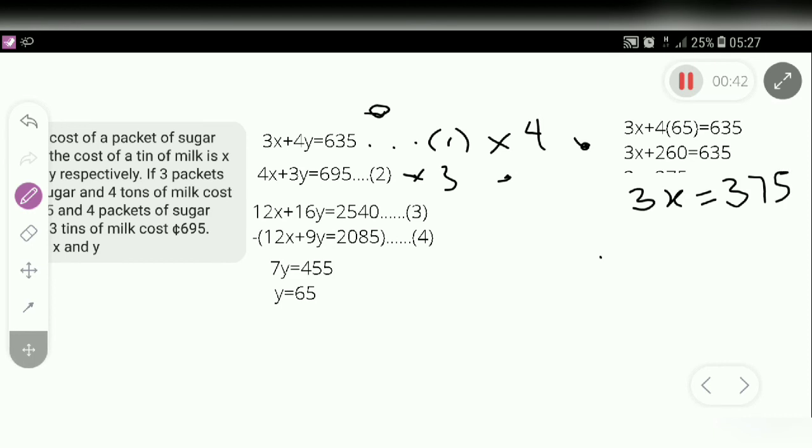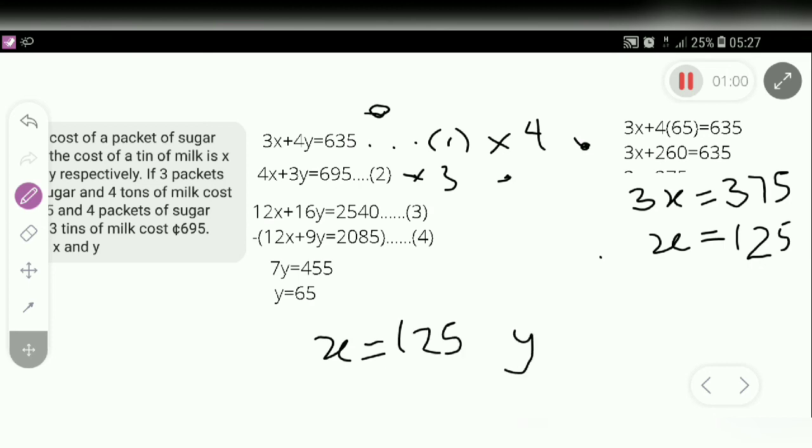So you divide both sides by 3, and that'll give you 125. So from here we know that our x is equal to 125. Now y is equal to 65.